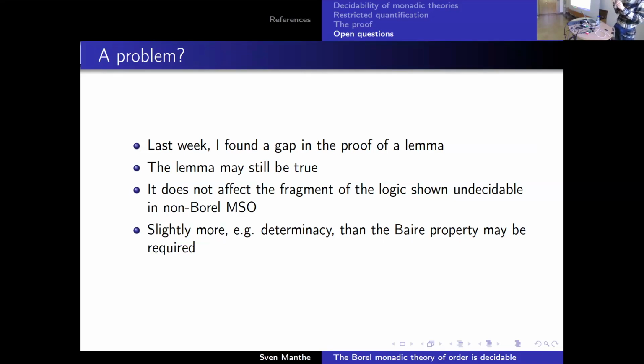And for example, even if this gap could be fixed, it may still be that the Baire property alone is no longer sufficient for this, but we maybe need a bit more determinacy or so. And in this case, of course, some of the strengthened results, like that we get decidability for analytic sets in ZFC, might still be affected by this.